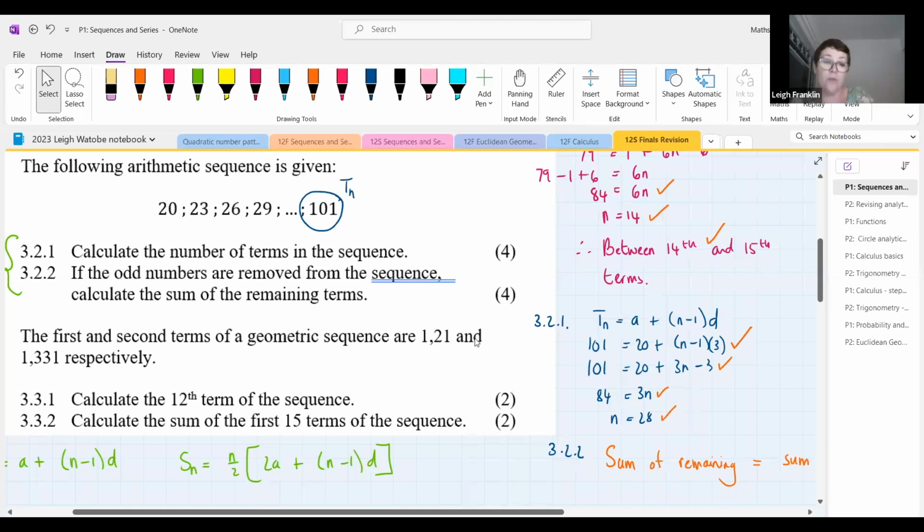Or the other way of looking at it is that the sum of the remaining numbers is going to be the total sum minus the sum of the odd numbers. Does that make sense?